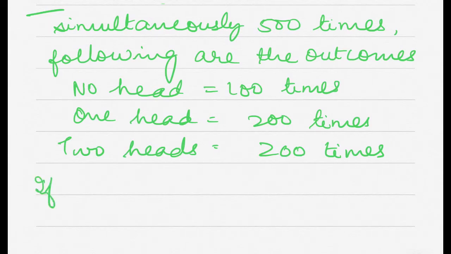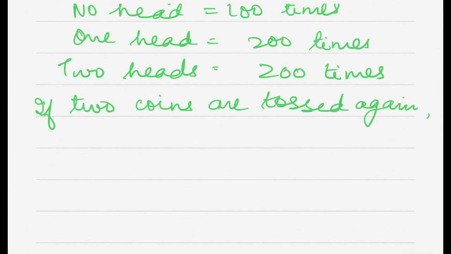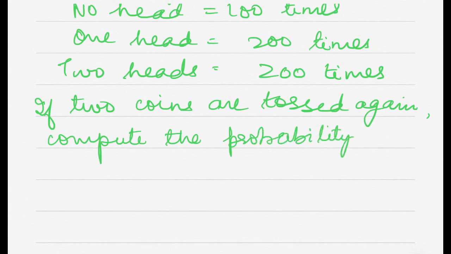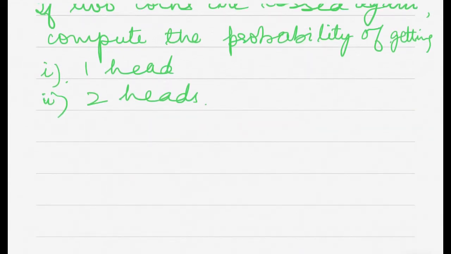Now if 2 coins are tossed again, compute the probability of obtaining, first, 1 head, or second, 2 heads. So I have 2 parts in this.